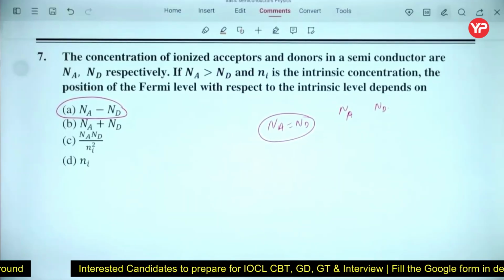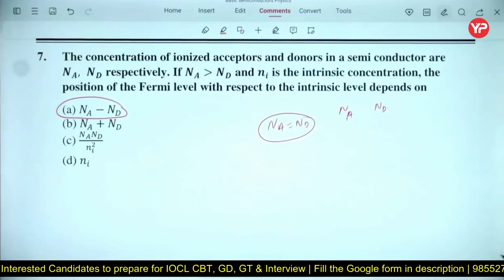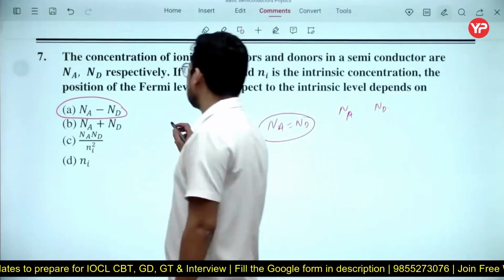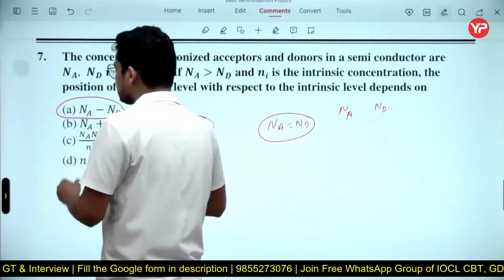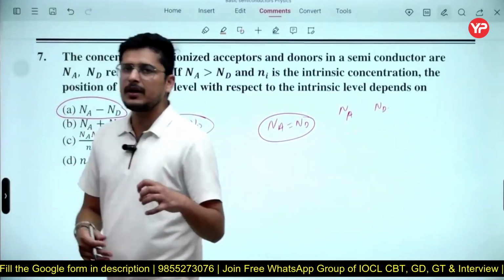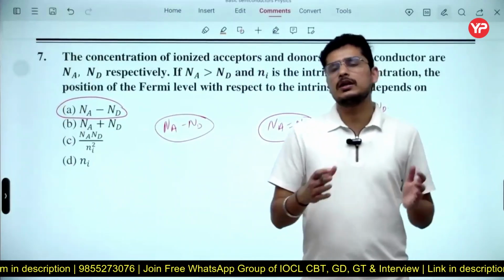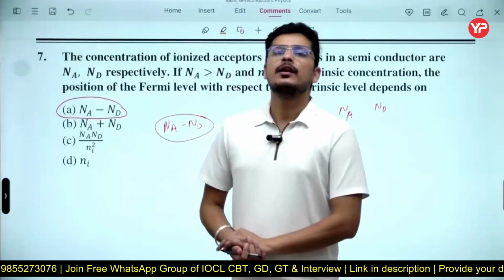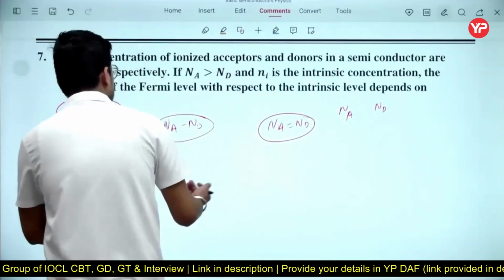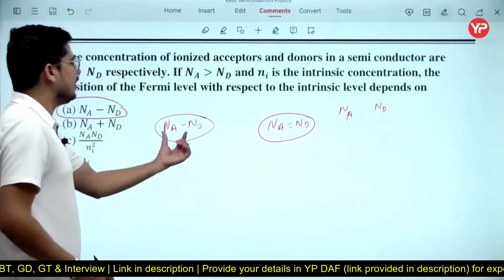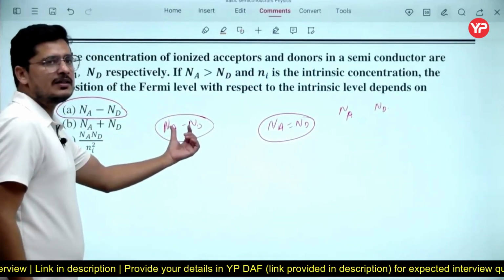the holes will be greater than the electrons. Then the effective number of holes is how much? That is Na minus Nd. When you introduce them, some electrons and holes recombine. We will be left with only Na minus Nd number of holes. So what will be the answer? It means your Fermi level depends on these two things, Na minus Nd.